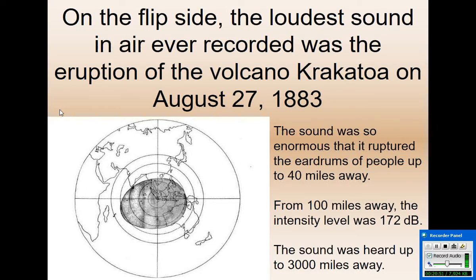The people who were 40 miles away at the time it erupted had their eardrums completely ruptured. 100 miles away, the number of decibels was 172, which is louder than being next to a jet engine. People 3,000 miles away could hear a rumble. That's like making a sound in Harrisonburg and having people in LA go, "What was that?"